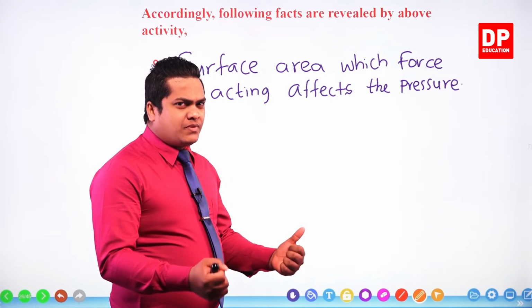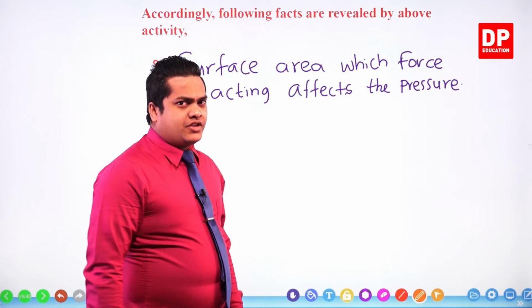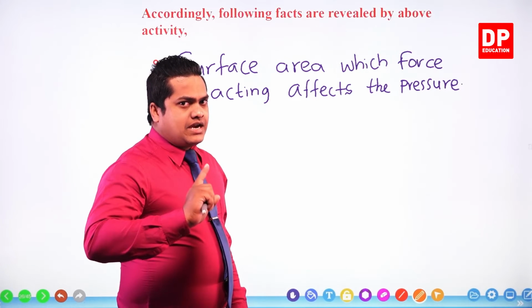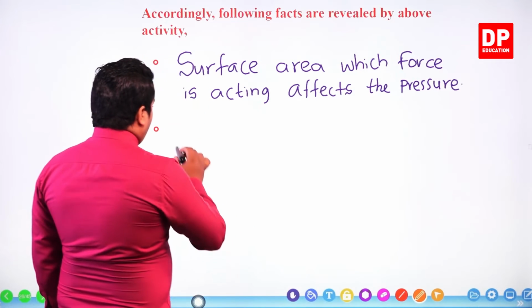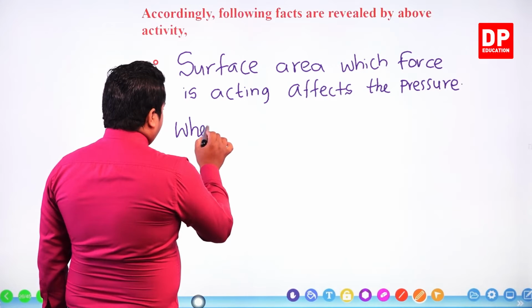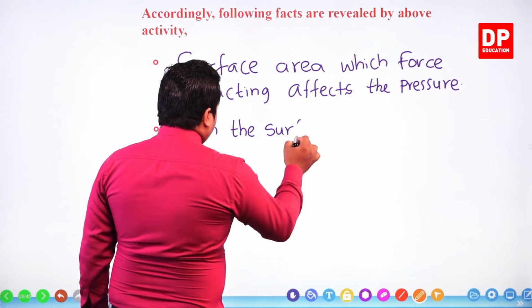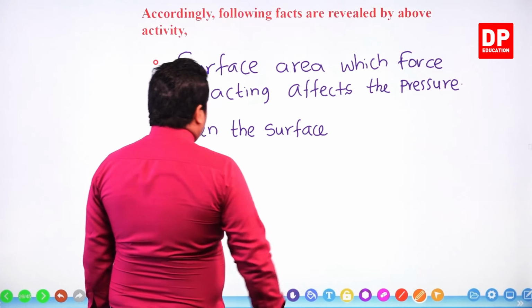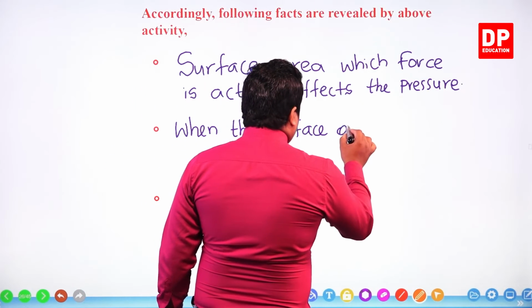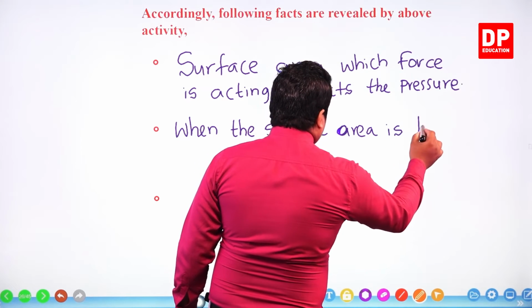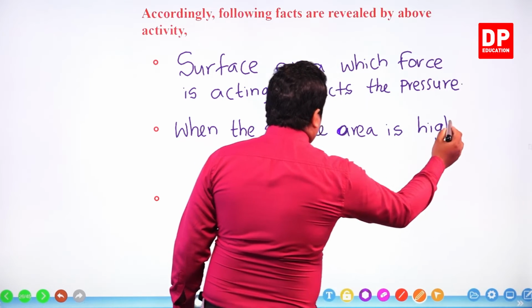How can you define the opposite relationship? Very simple, my dear children. How come? When the surface area is high, right?